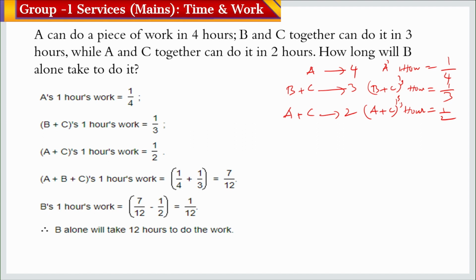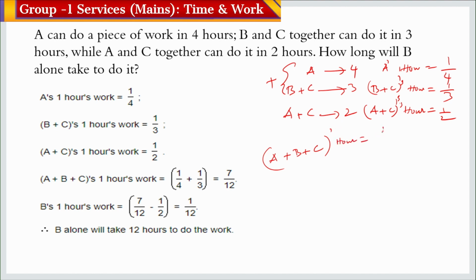Okay. So when you add these, B plus C 3 hours, A plus C 2 hours, correct, and A's work 4 hours. When you join these, A plus B plus C can do the work in 1 hour is how much?